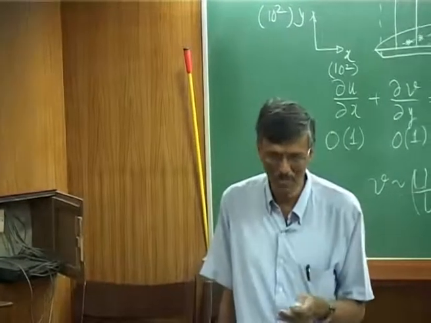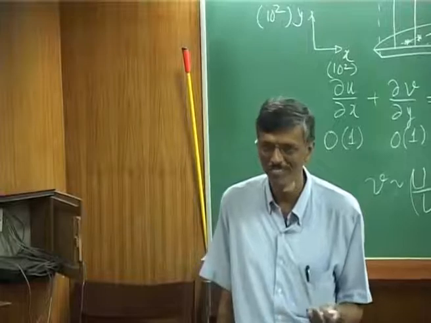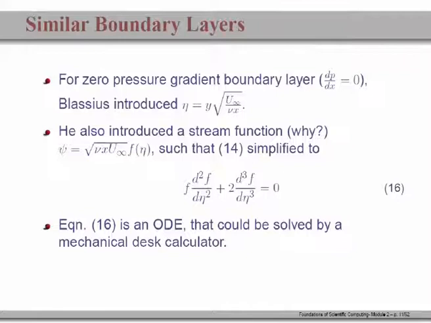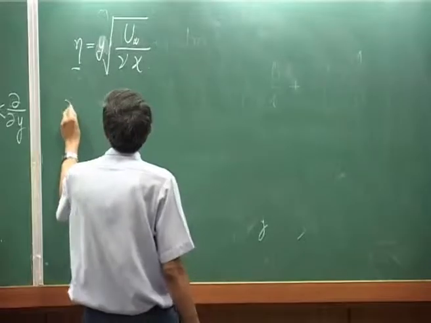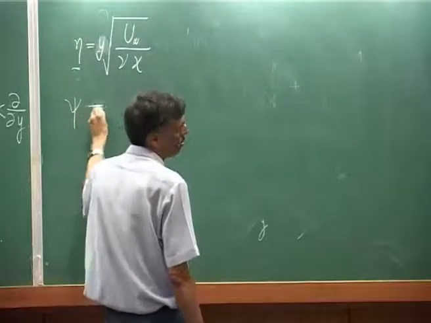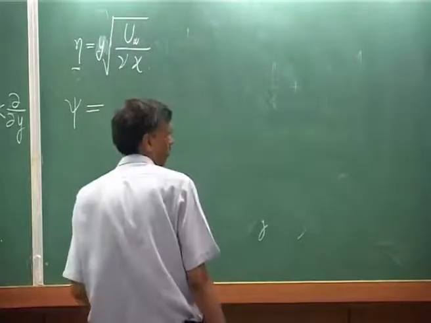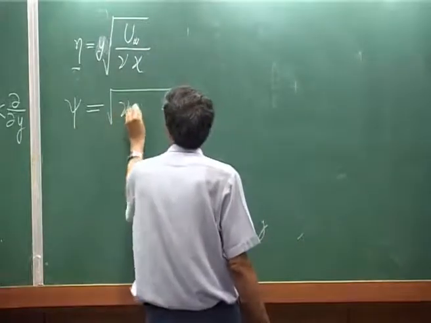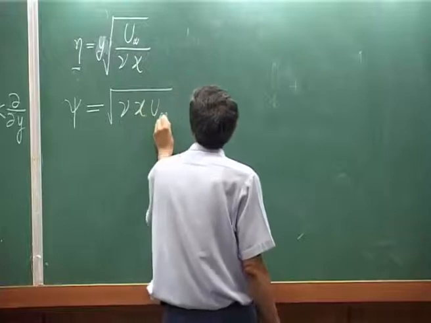We would have converted the PDE into an ODE. So, you see, that was the really remarkable insight of Blasius when he talked about it, and then he also introduced what we now call a stream function. Well, we knew it all along. So, what happens here, we write it like this.